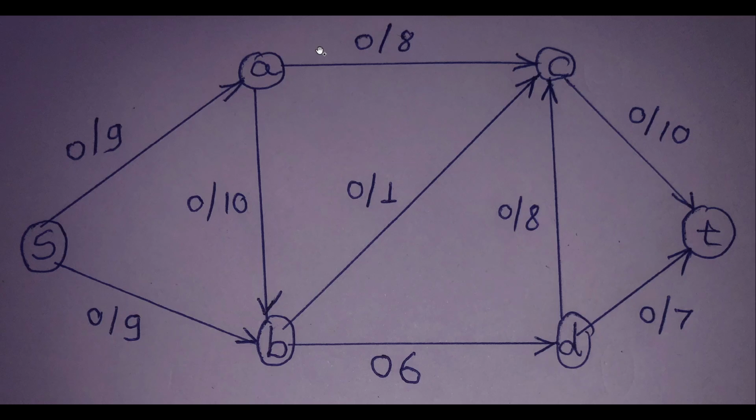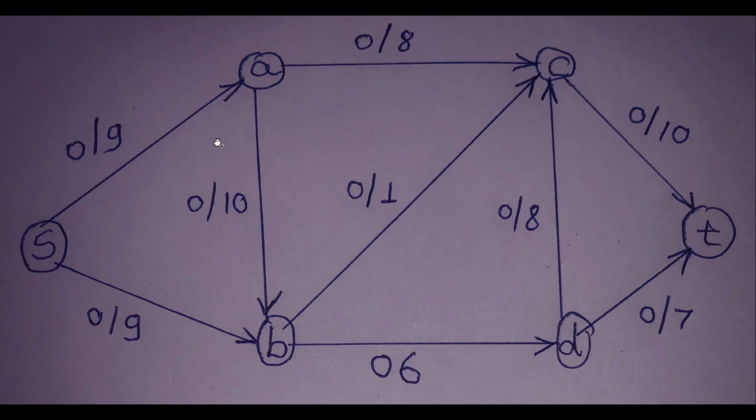Why? Because A to C is only 8. That's why through these edges we can flow maximum 8 only, not 9 and not 10, because A to C has only 8. So a maximum flow of 8 is possible.